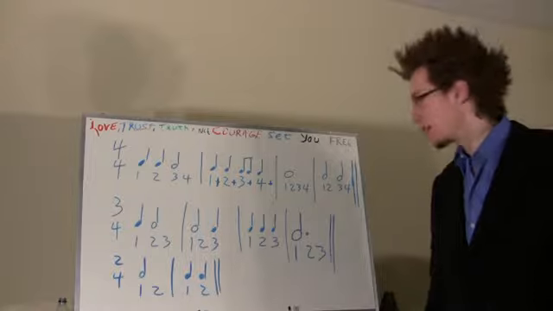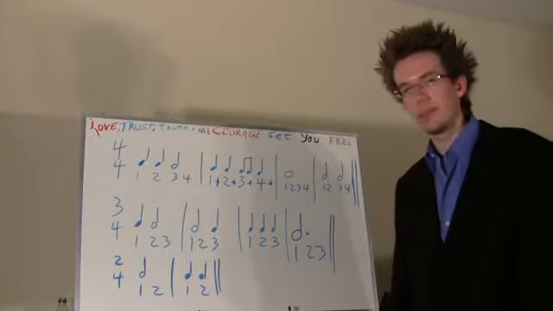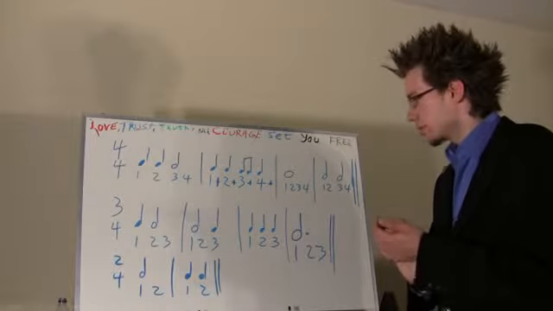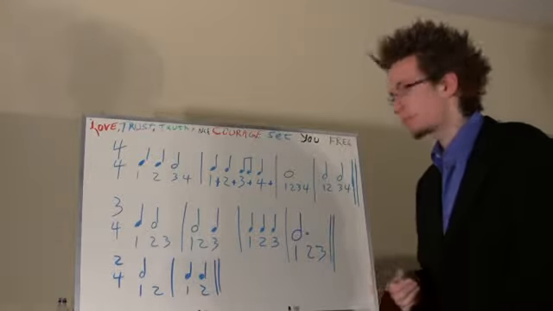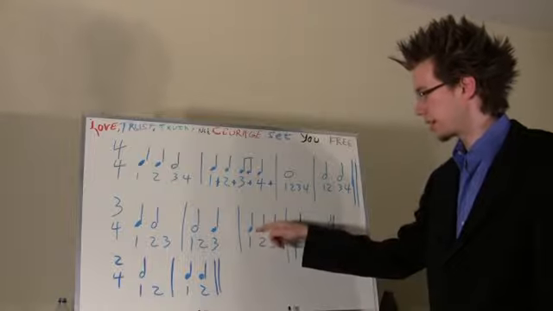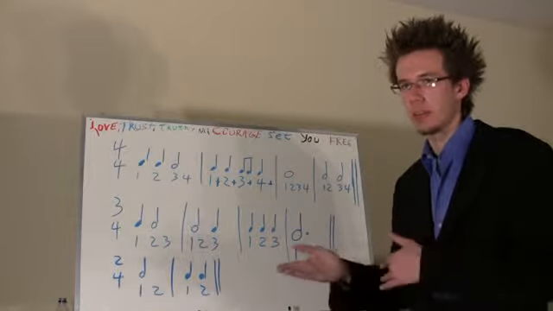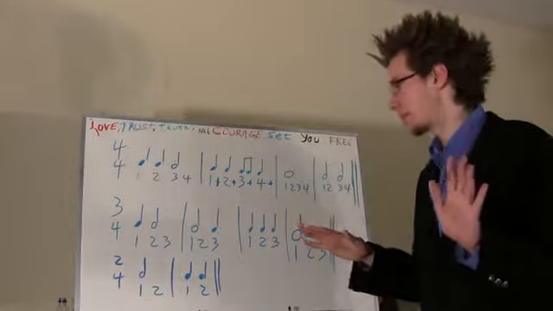And that goes for the whole bar. So you just clap 1, 2, 3. Later on you'll get into dotted eighth notes, and that would be worth 1.5 beats. But don't worry about it for now.